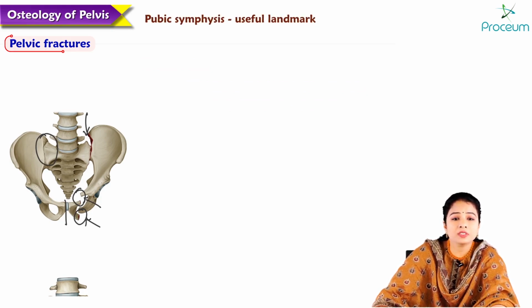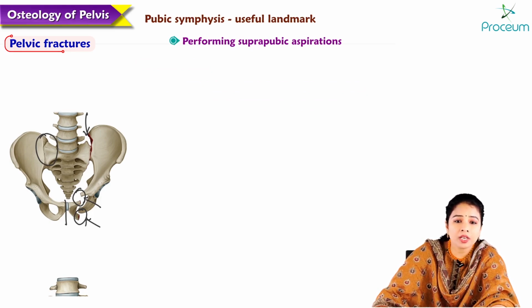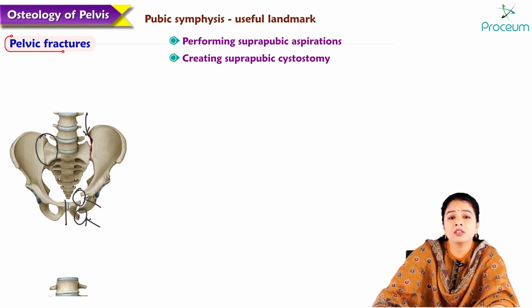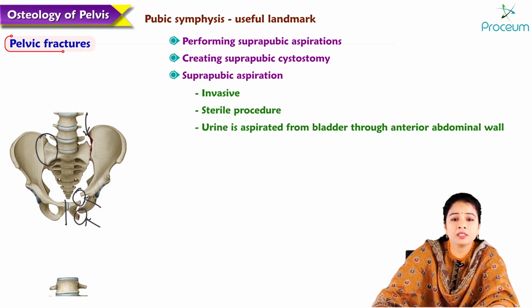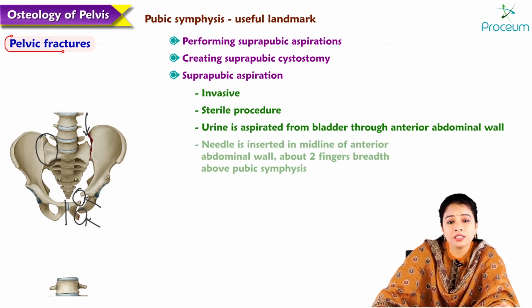The pubic symphysis is a useful landmark when performing suprapubic aspirations or creating a suprapubic cystotomy. The suprapubic aspiration is an invasive, sterile procedure by which urine is aspirated from the bladder through the anterior abdominal wall. The needle is inserted in the midline of the anterior abdominal wall about 2 fingers breadth above the pubic symphysis.